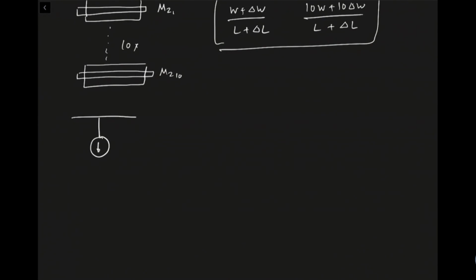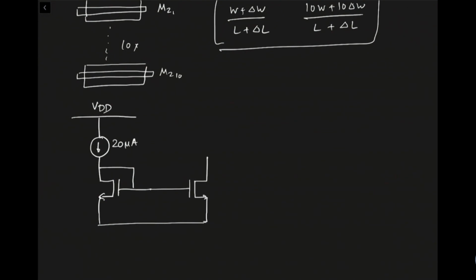Okay, so then let's take another example. Let's say I have a reference current of 20 microamps, and this is our VDD. This example will make it a lot clearer to you. Let's say I would like to replicate it by a factor of 3, and this is what it would look like. This is my M1 and this is my M2.